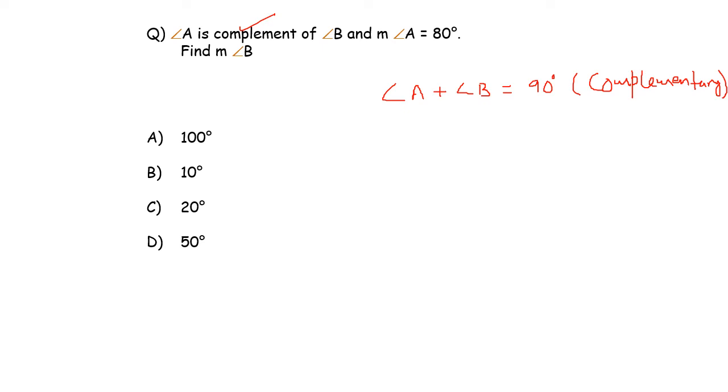In the previous example, where the sum was 180, you could have written supplementary. Okay, and A is given as 80 degrees, plus angle B, you can assume X or just write B, equals 90 degrees. Therefore angle B is equal to 90 degrees minus 80 degrees, which is 10 degrees. So the answer is 10.